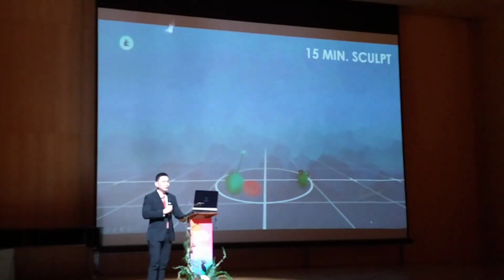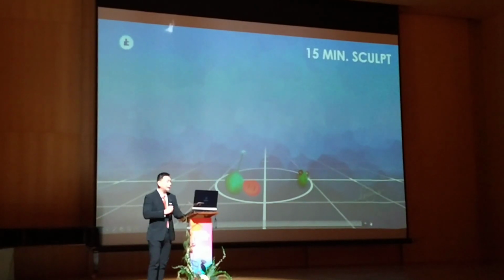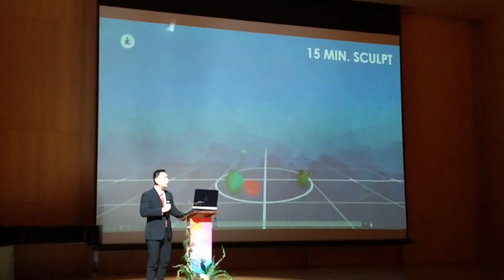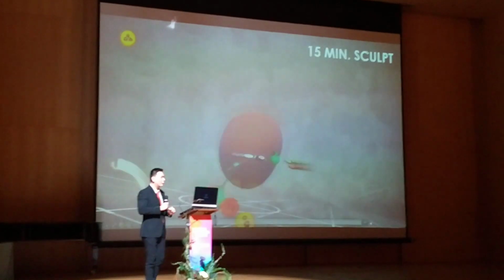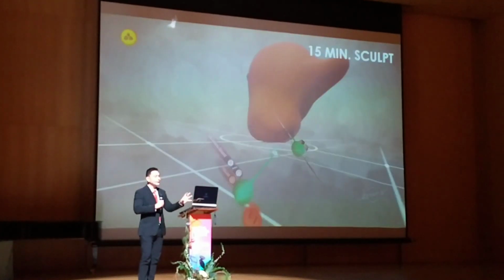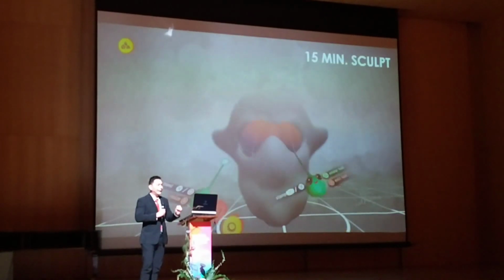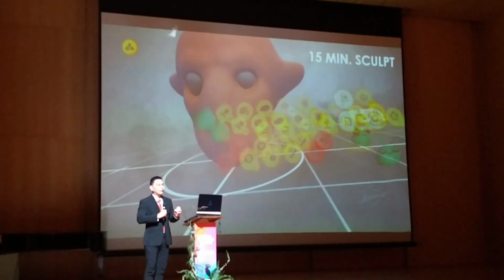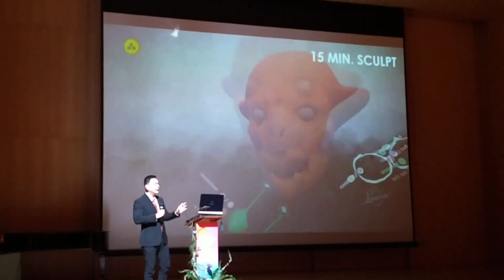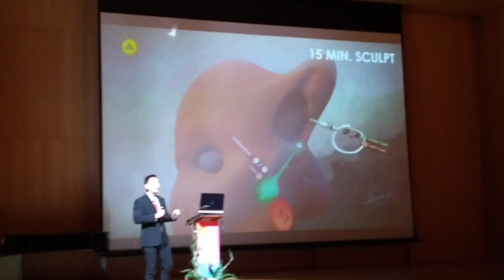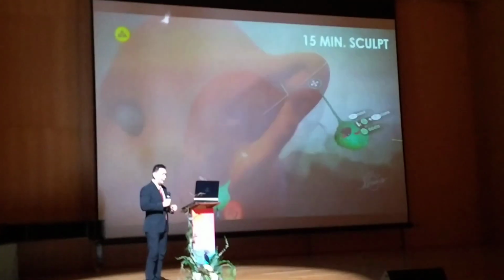So as you can see, it uses a very intuitive system. This one was about a 15 minute sculpt, but I compressed it to about 1 minute so you can see. It uses a very interesting way of making shapes. From the graphical standpoint, I think it's a very old way to do things, but also very effective in a way.